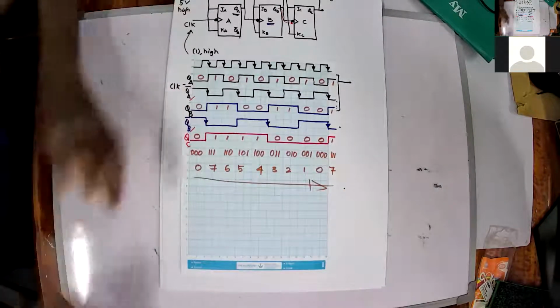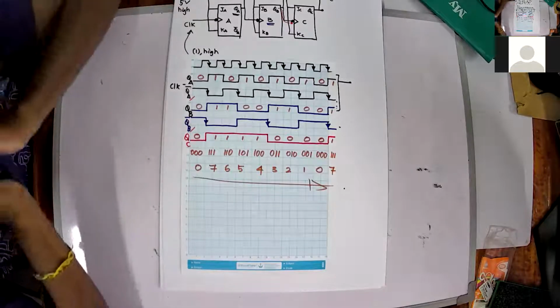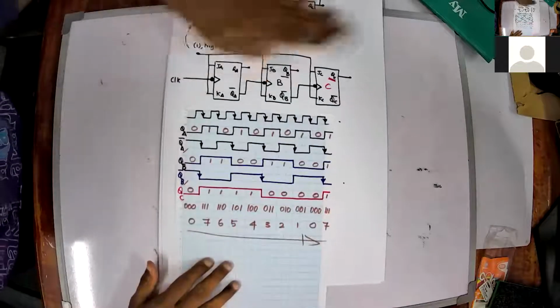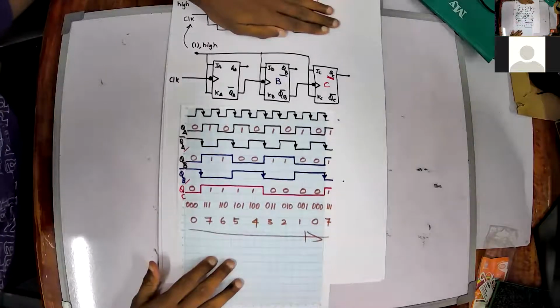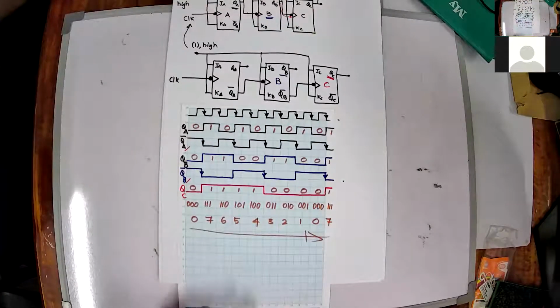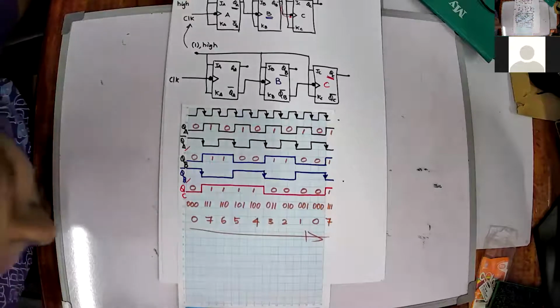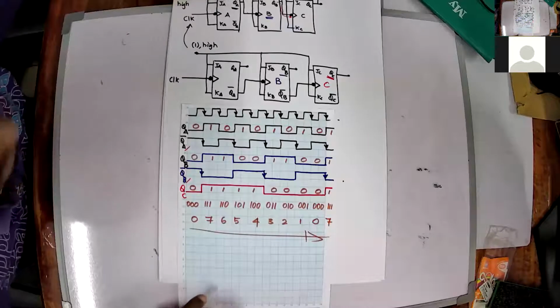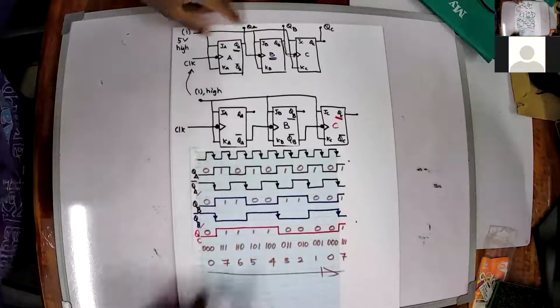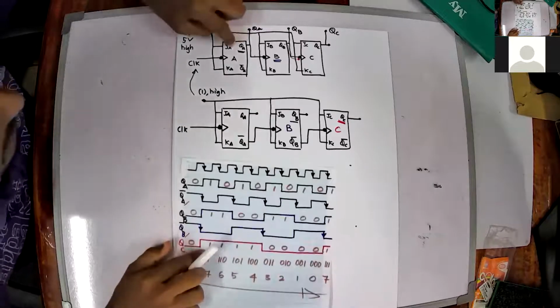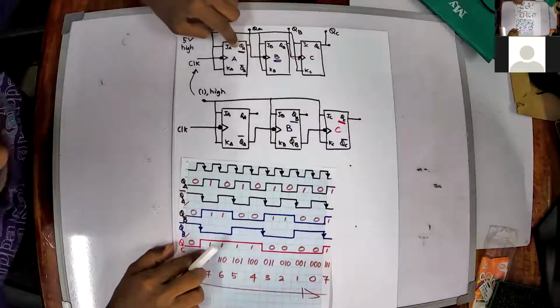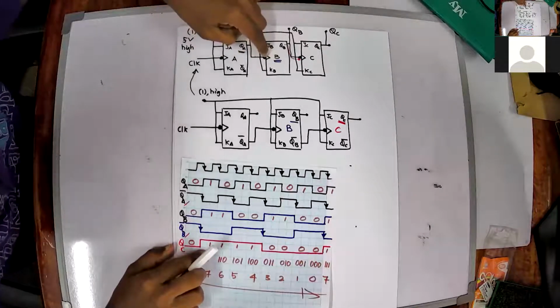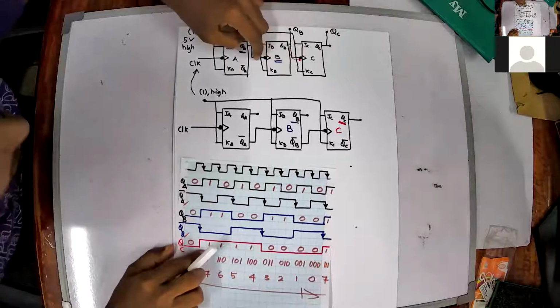What is happening is it is simply counting downwards. So this circuit is actually counting downwards, so we can call it a down counter. The earlier one is an up counter, so in simple words, if you give QA to the clock of the next flip-flop, that becomes an up counter.